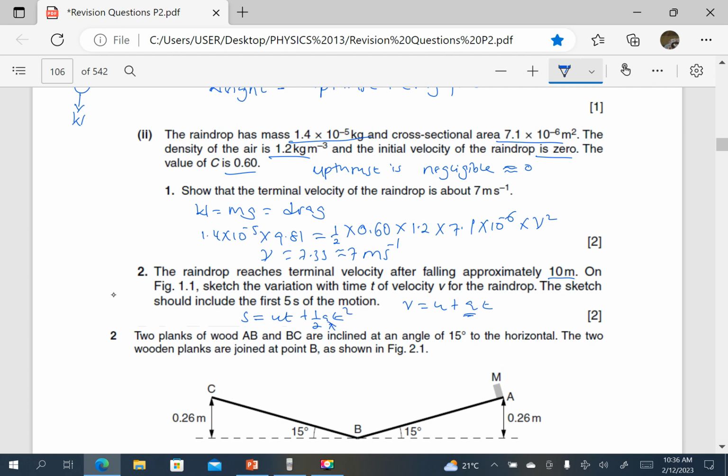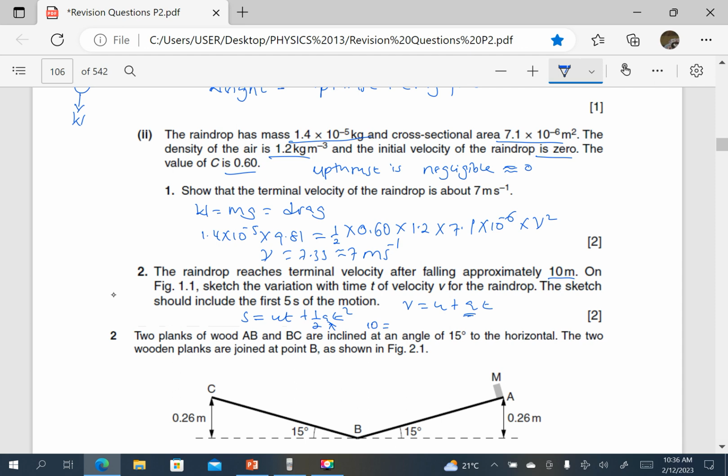So S, which is 10, is equal to initial velocity... No, that one will also not work because it fell from rest. S is 10, then T, I think that will also not work.